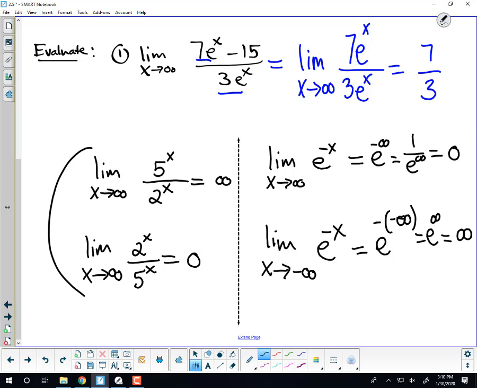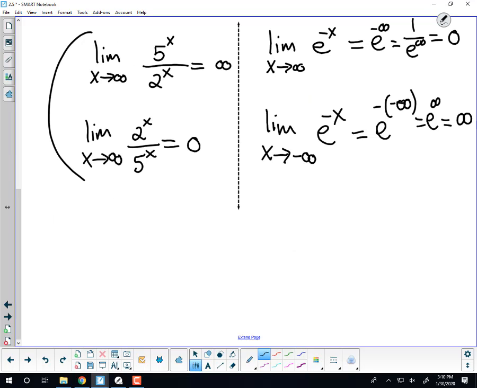As far as the graph goes, remember the negative just flips it across the y-axis. So here's the graph of e to the negative x. However you remember those things, we can compute them directly, more or less. Okay, anybody have any questions on e to the x?